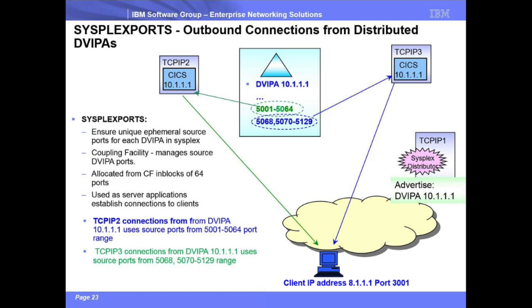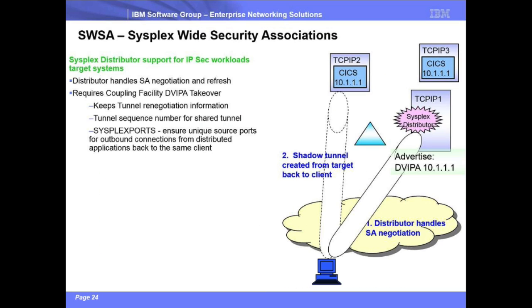Okay, getting close to the end of my presentation, another thing I wanted to talk about was Sysplex-wide security associations. So the Sysplex distributor supports IP security workloads that are targeting distributed DVIPAs. The distributor handles the security association negotiation and refresh.